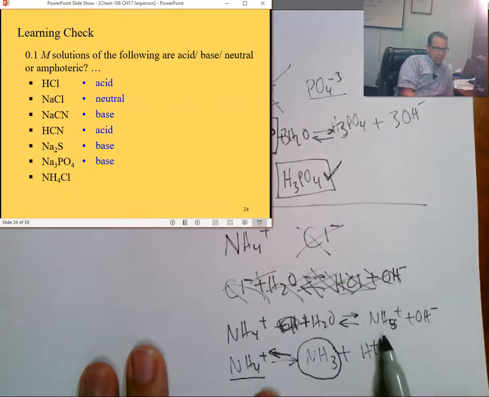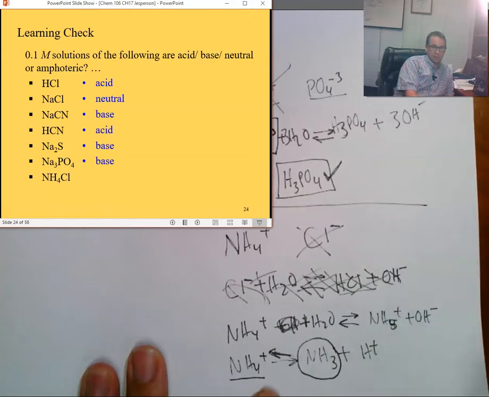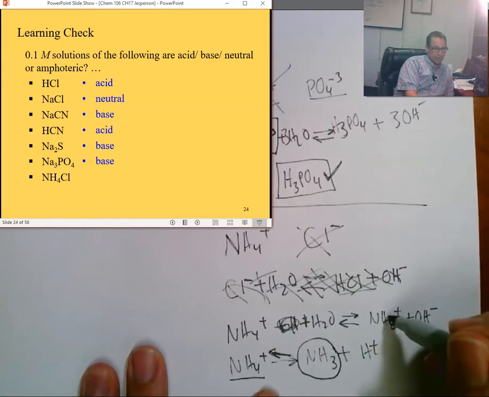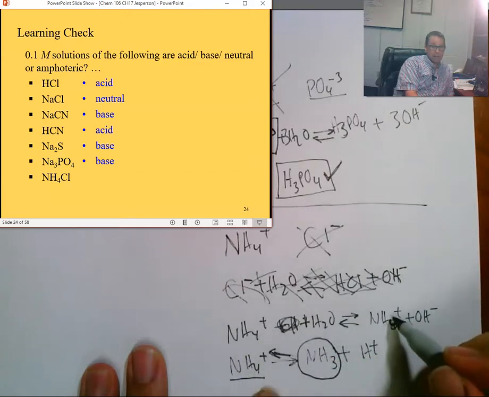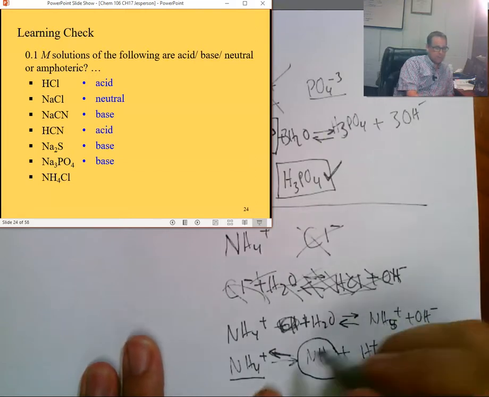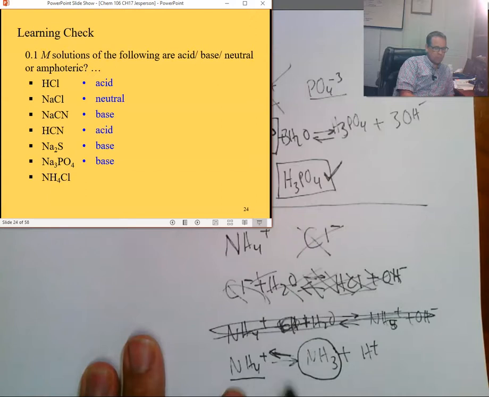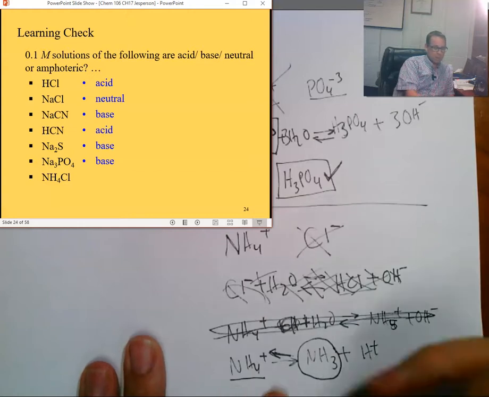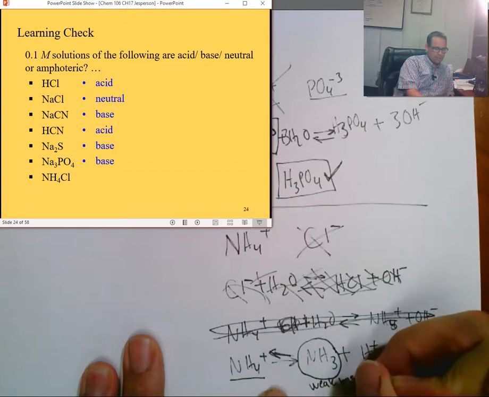So now we might not know anything about NH5+, because NH5+ is not an acid. But hopefully when we do this reaction and see NH4+ dissociating into H+ and ammonia, we realize that this is a weak base.